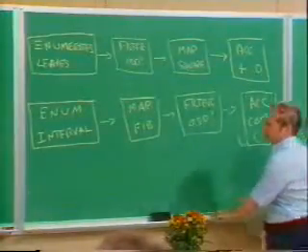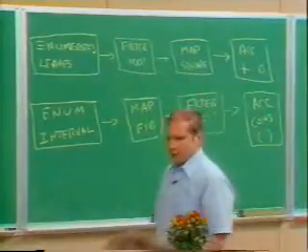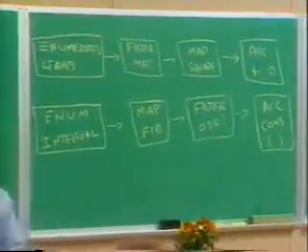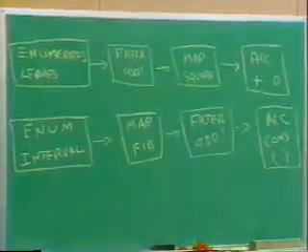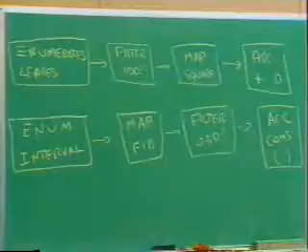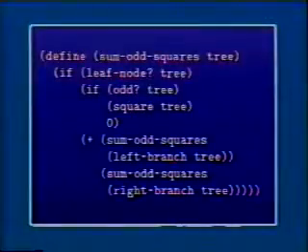Okay. So this way of looking at the program makes the two seem very, very similar. The problem is that that commonality is completely obscured when we look at the procedures we wrote. Let's go back and look at sum odd squares again and say things like, where's the enumerator? Right, where's the enumerator in this program? Well, it's not in one place.